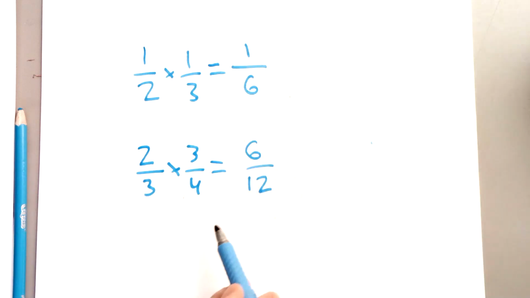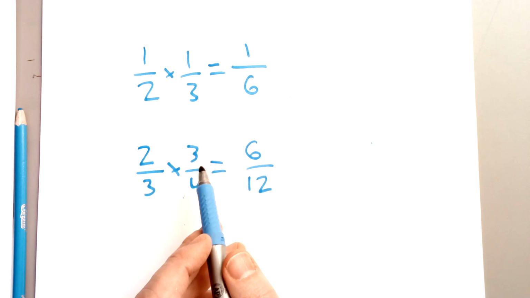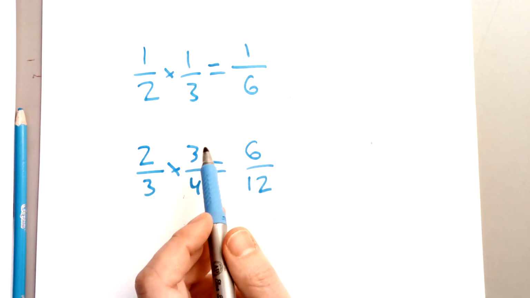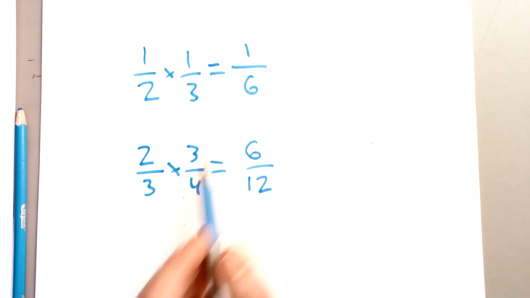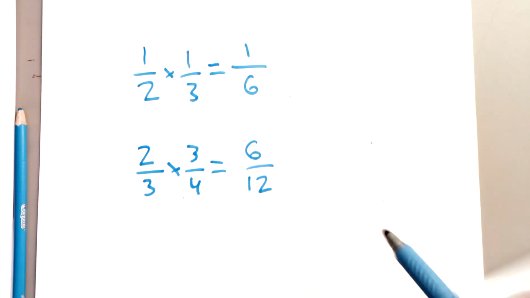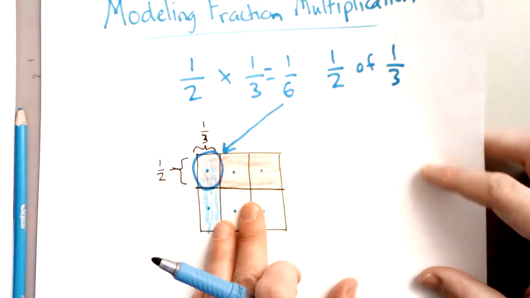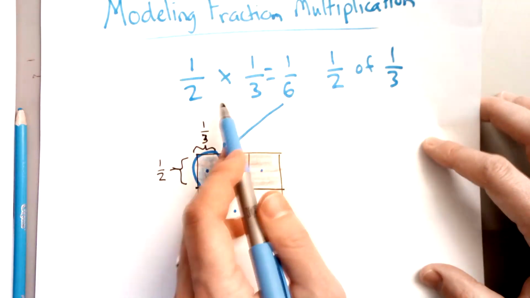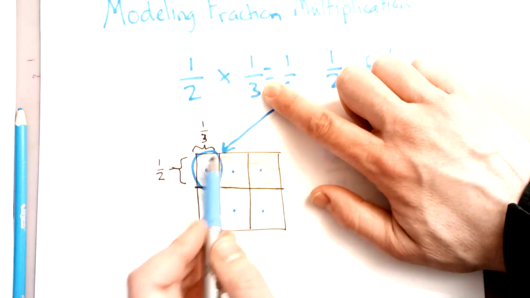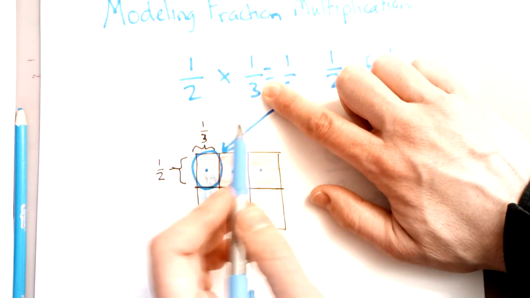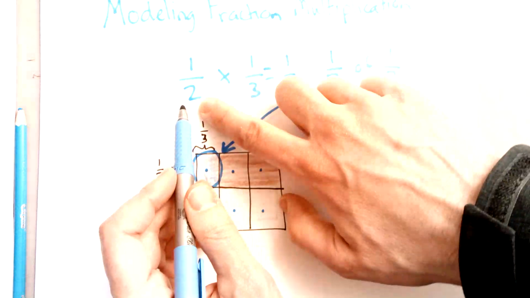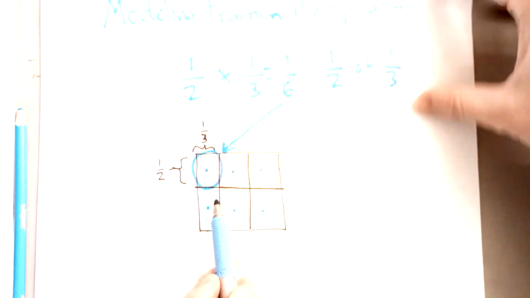But I don't want you to just remember or memorize that pattern without understanding what's going on. That only works because of these pictures that we're creating. If you start with a whole split into 3 sections, and then you split each of those 3 sections in half, you get 6 sections. That's why it works.